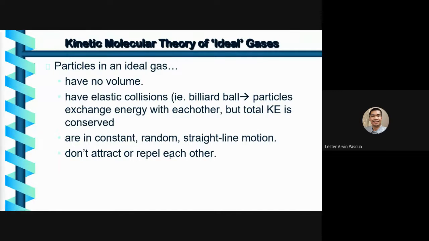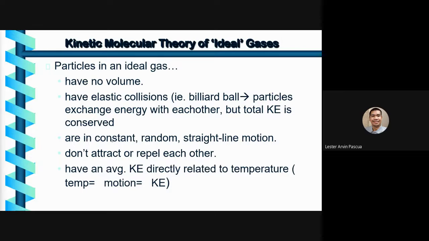So, ganun yung assumption nila sa ideal gas. Constantly, randomly, straight line ang motion. Tapos, hindi nag-a-attract or nagre-repel sa isa't isa yung mga molecules. Tapos, yung kanilang kinetic energy is directly related to their temperature.